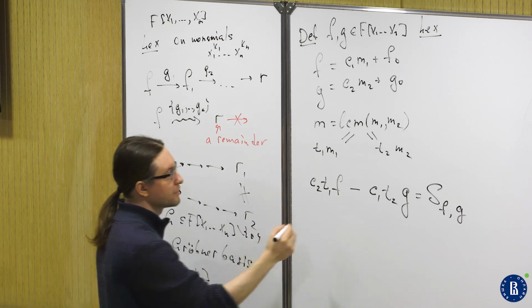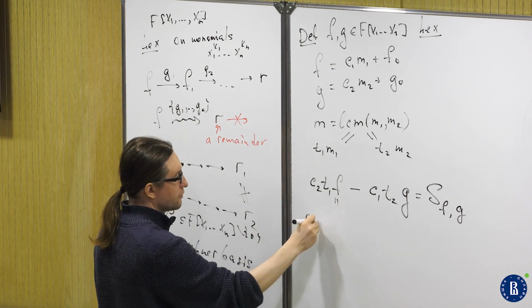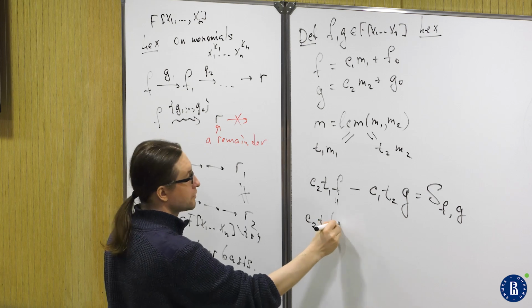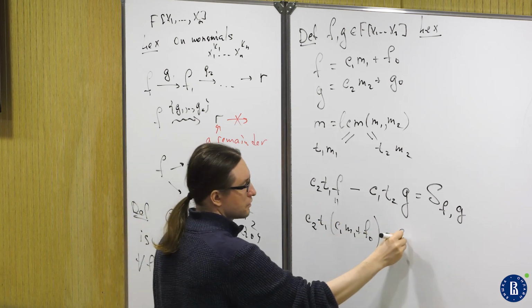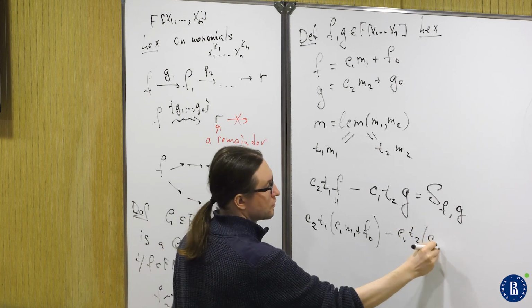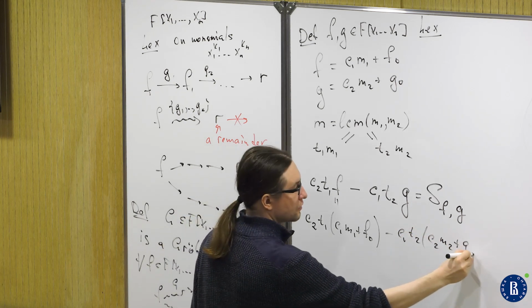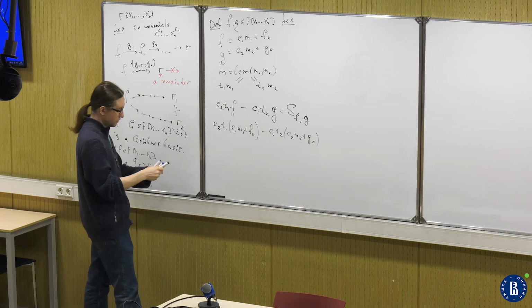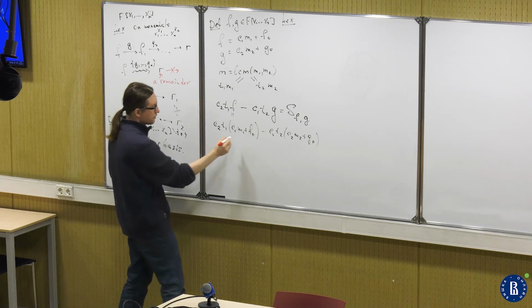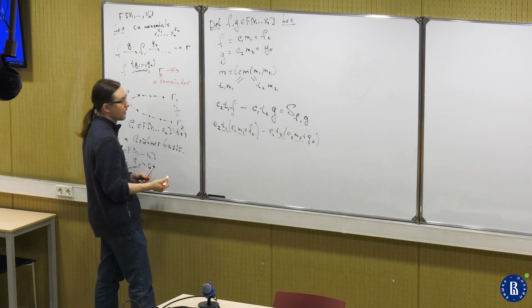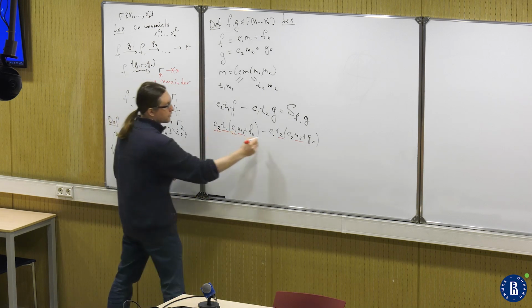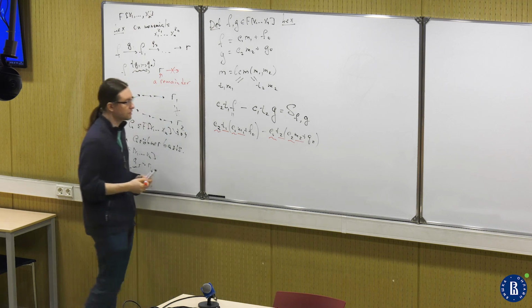So what basically happens here, if I rewrite these explicitly, as you can see, the product of these two gives you M, and the product of these two is exactly the same.